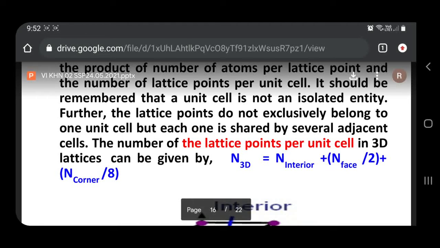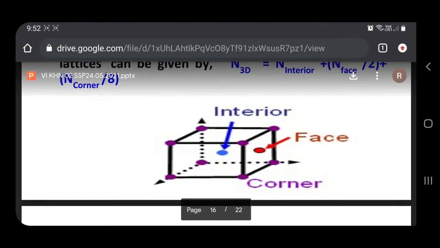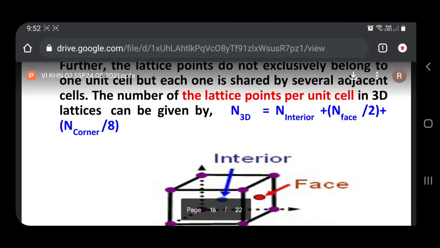So you have 8 corners, 8 by 8. That's 1 lattice point per unit cell. It will become a primitive. But for any Bravais lattice, you can calculate using this simple equation. That's what I have mentioned here: number of atoms present in the interior, at a face, at a corner. Okay. So this equation is useful.